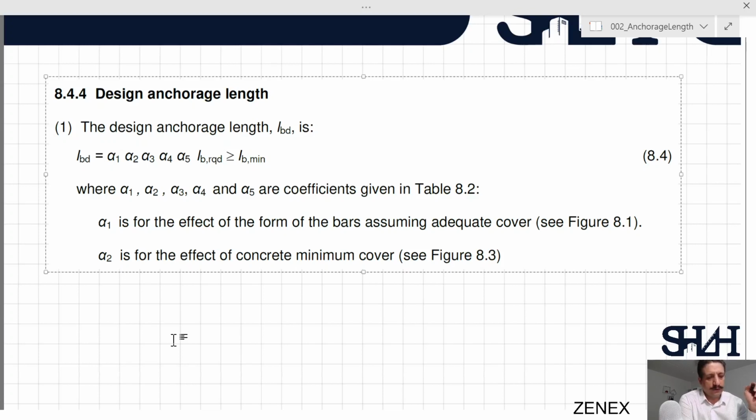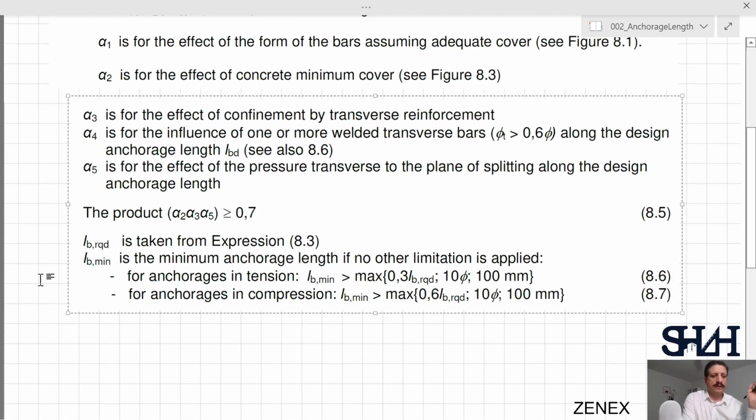Alpha 1 is for the effect of the form of the bars, assuming adequate cover. Alpha 2 is the effect of concrete minimum cover. Alpha 3 is for the effect of confinement by transverse reinforcement. Alpha 4 and 5 are also about the confinement of the reinforcement.